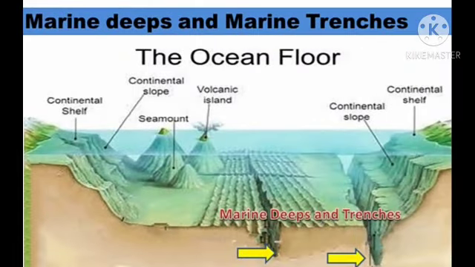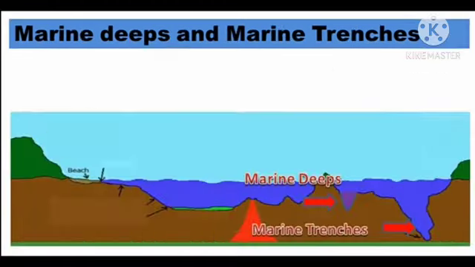Now let us see something about marine deeps and marine trenches. What is the meaning of deeps and what is the meaning of trenches? On the ocean bed, there are some landforms which are deep, narrow and steep. They are called marine deeps or trenches. You can see in this picture, right?